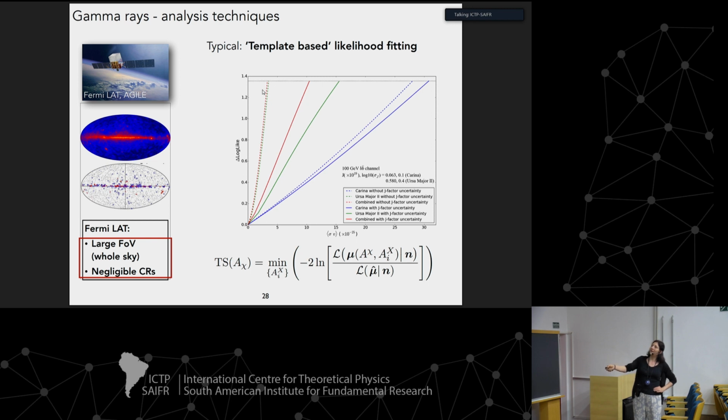Then when delta log likelihood gets bigger than, I don't know, 2.7, depending on your number of parameters, that's where you set the limit on the dark matter parameter that you are interested in.